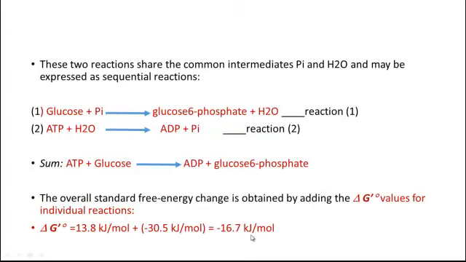And the value indicates that the overall reaction is exergonic, which means that in this situation the energy which was stored in ATP is used to drive the synthesis of glucose 6-phosphate.